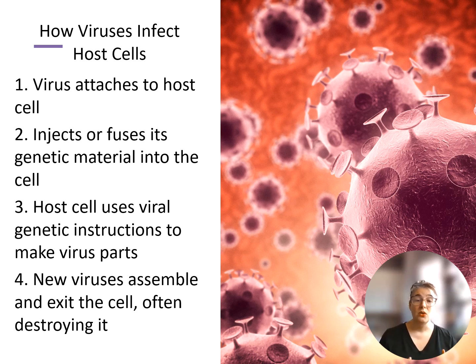Host cells are going to use viral genetic instructions to make virus parts. So once that virus enters the cell, it can start using the cell's organelles to start making copies of itself. And so that's where the reproduction and metabolism is going to happen.